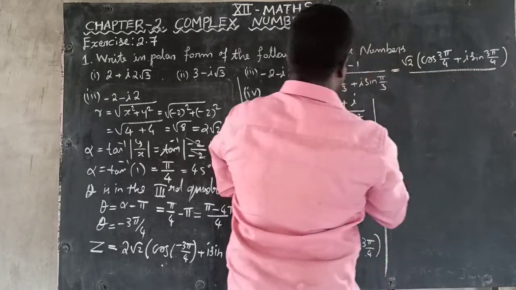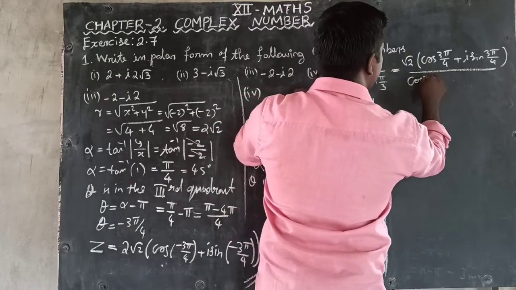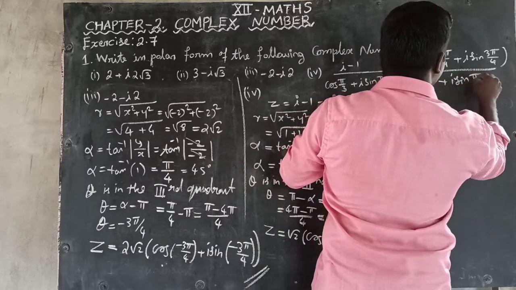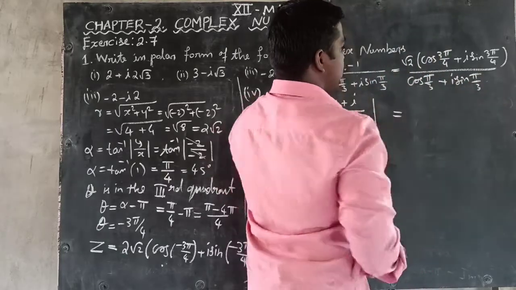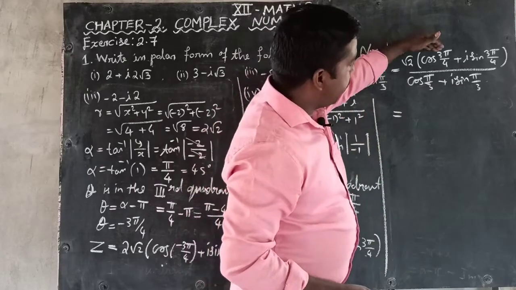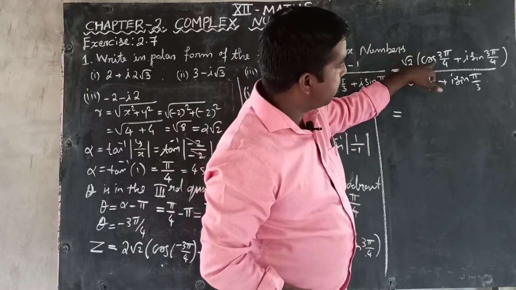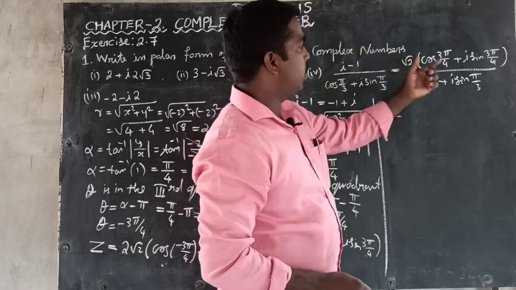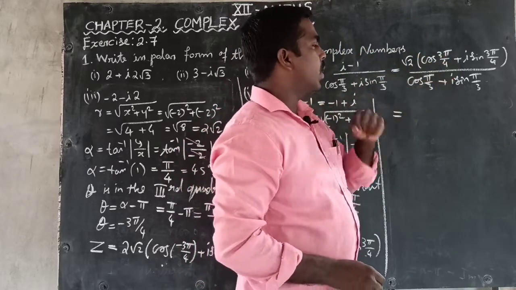I am going to substitute this in the numerator. The denominator value is cos pi by 3 plus i sin pi by 3. Now I have to divide the numerator and denominator. Both are in polar form.